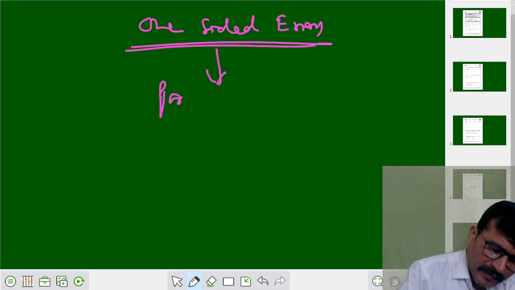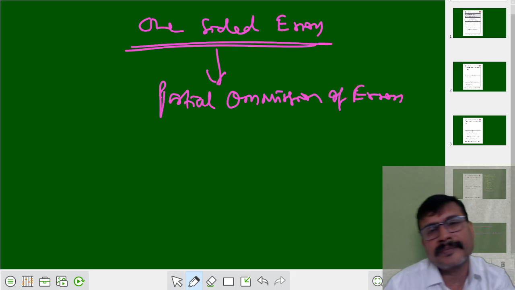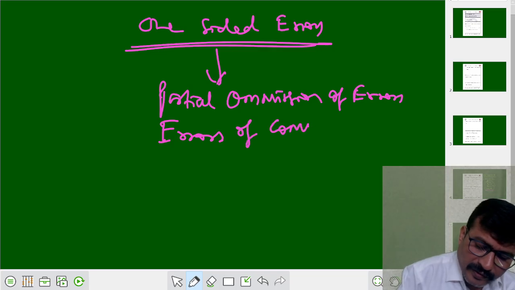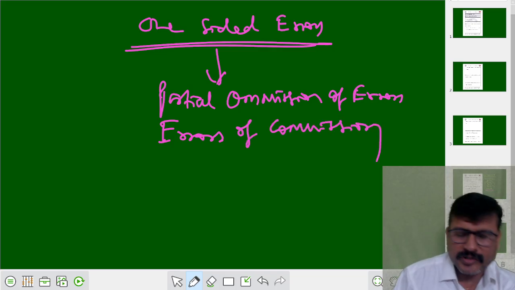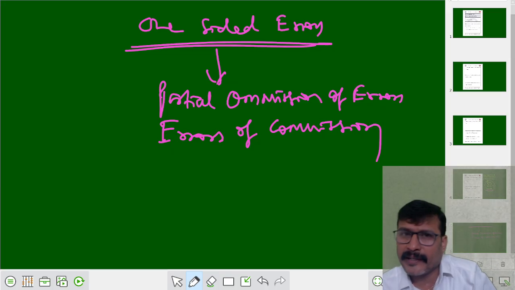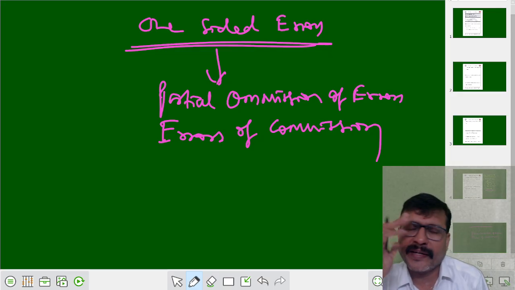That is partial omission errors and errors of commission. Partial omission means purchased goods entered in purchase account but not in supplier's account, or else not in cash account. That is called one-sided errors.